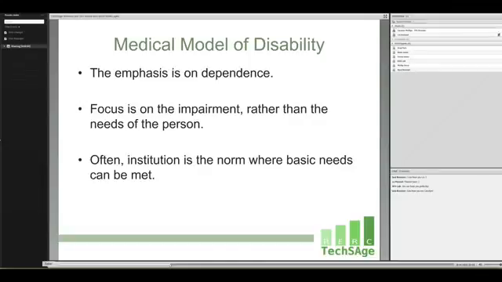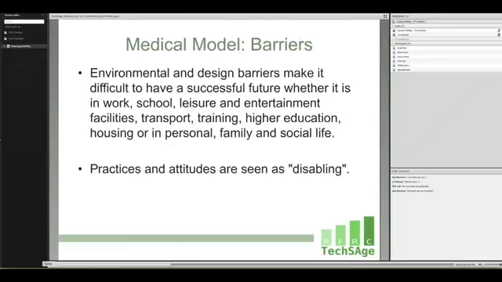And often institution is the norm where basic needs can be met. And we know that that's been around for a long time. Thankfully, a lot of that is starting to change with our new generations moving through. It's very exciting. So when it comes to the medical model, these are just barriers that are encountered.